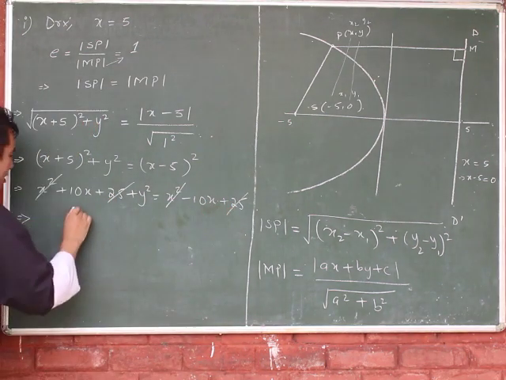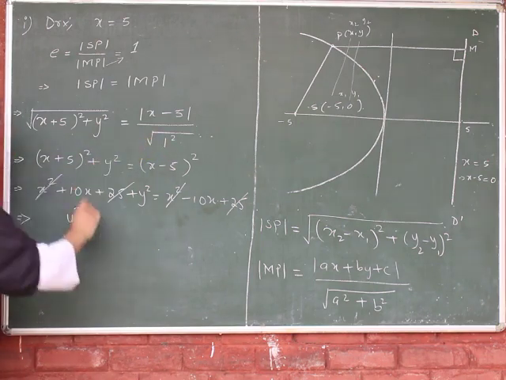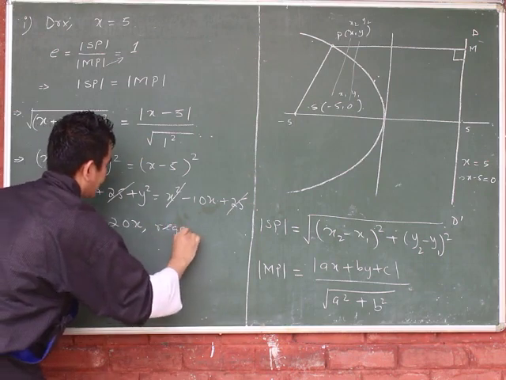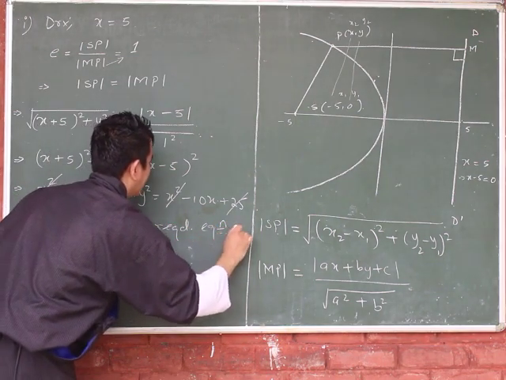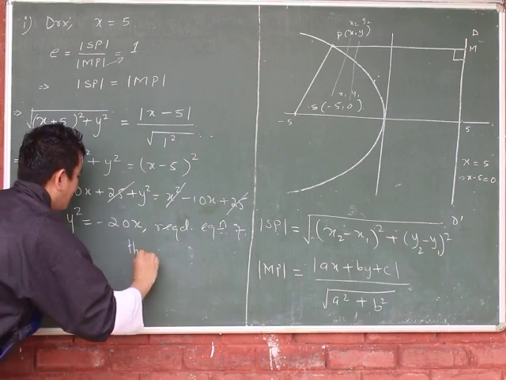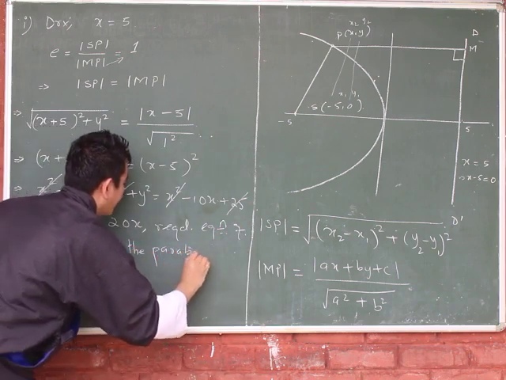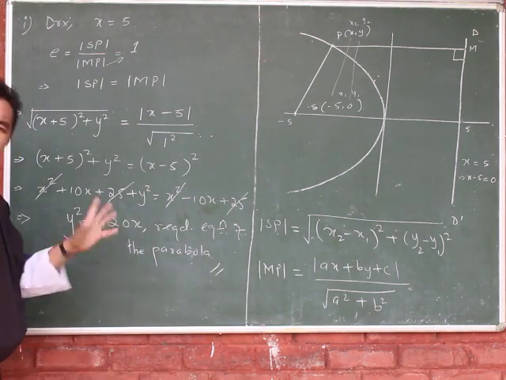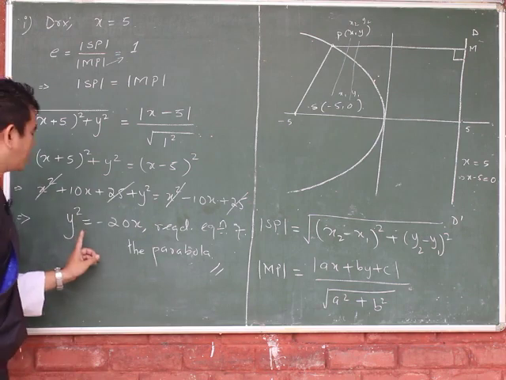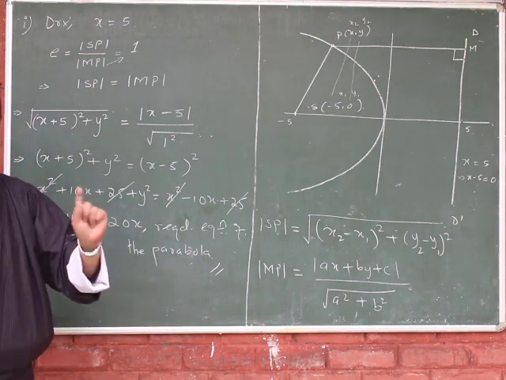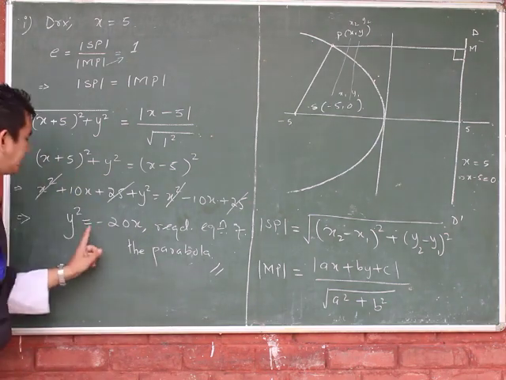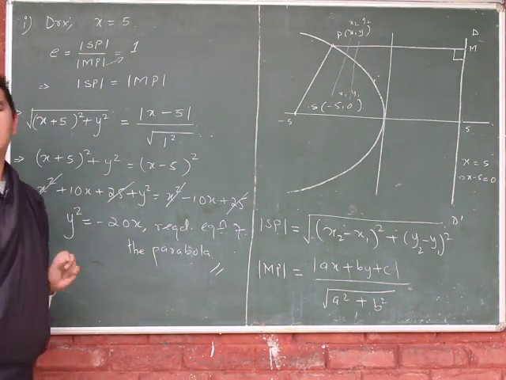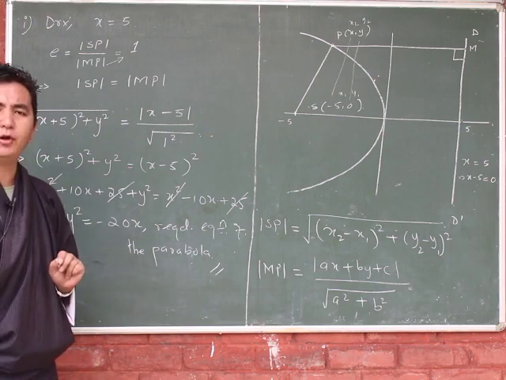Finally, we have y square is equal to, take 10x that side, it becomes negative 20x, which is the required equation of the parabola. If you get y square equal to plus 20x, then it does not make sense, because y square equal to 20x is the equation of concave right, but y square equal to negative 20x is the equation of concave left. So our answer is correct: y square is equal to negative 20x.